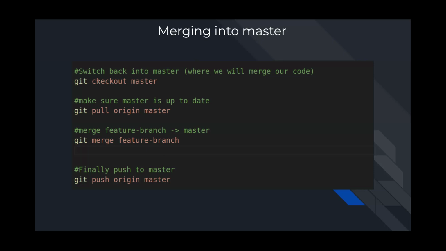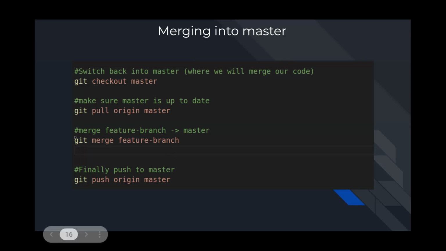So what you will have to do is switch into master first, and you want to pull origin master here. And remember, we talked about pulling because you want to make sure that if Banji was working on code and I was working on code, and he pushed to master before me, I have all the changes that were present in master. And after doing that, you want to merge all of your features in feature branch into master.